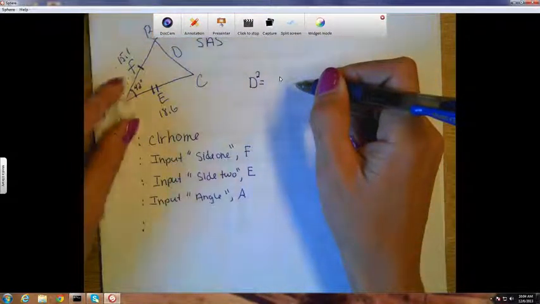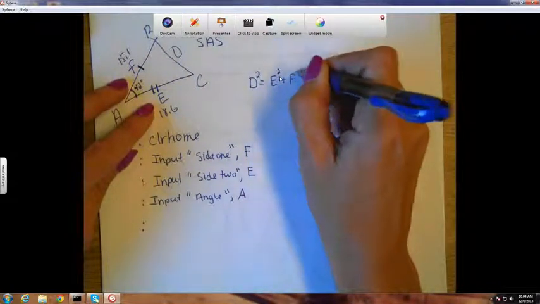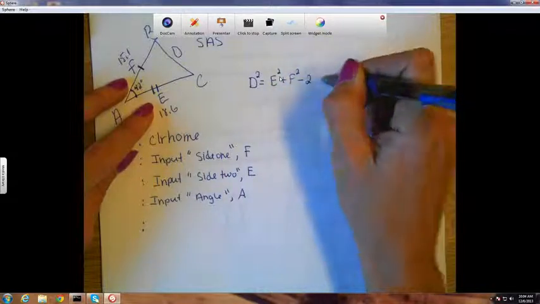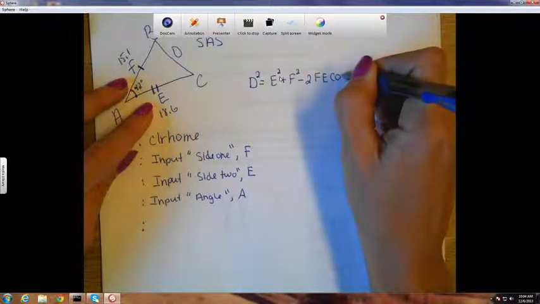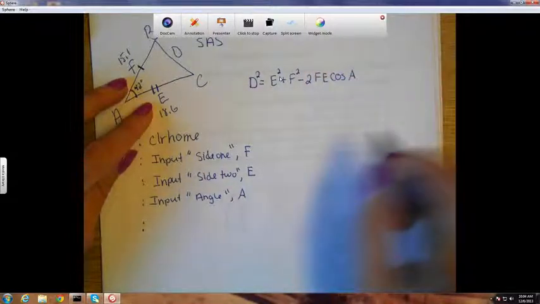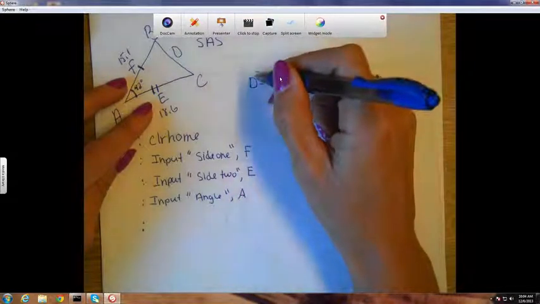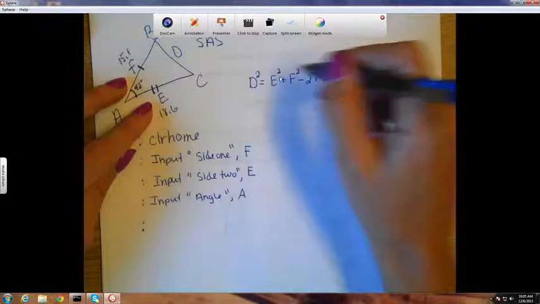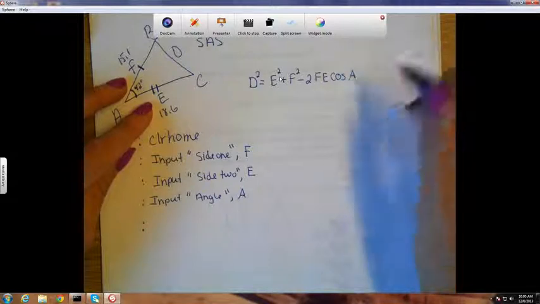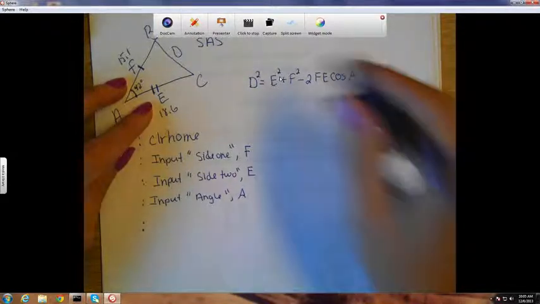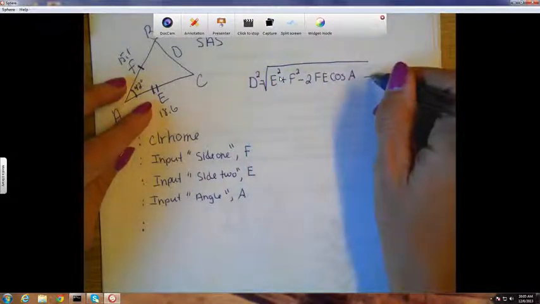Yep, the two sides squared, so that's E squared plus F squared minus 2FE cosine of A. That's D squared. So we could have our next line. You want to do this in 2 lines or 1 line? Because what do we have to do to get D now? Square root of that. So the square root of that, and then we'll store that in D.